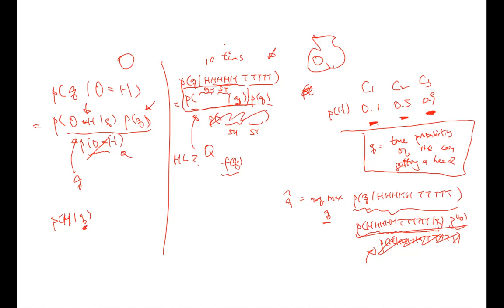Given Q, P(H) will be simply equal to Q, because that's the definition. Q is the probability of getting a head. Now if I have head and tail, two tosses, one head and one tail, then this will be just Q times (1 minus Q), right? So now back to this one: what will be the probability of getting 5 heads and 5 tails?